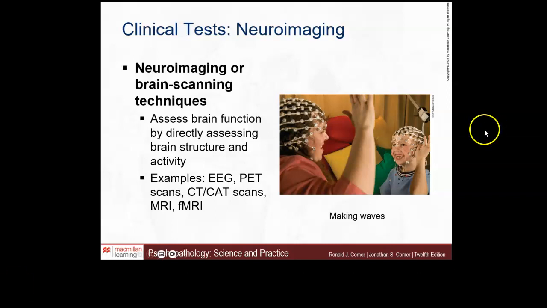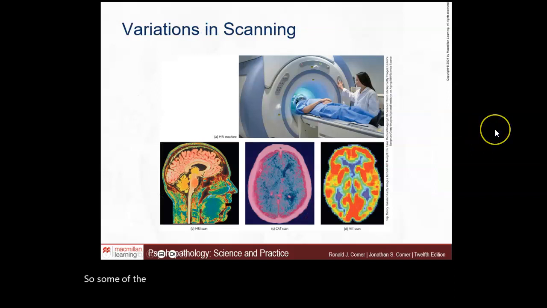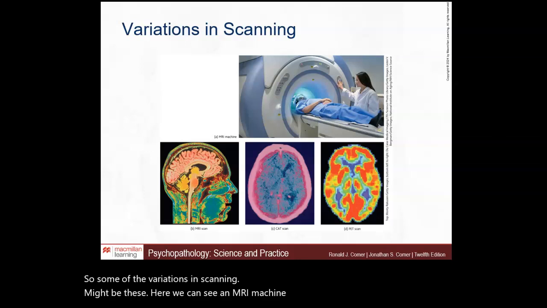Some of the variations in scanning might be these here. We can see an MRI machine, MRI scan, a CAT scan on the lower middle row right here.